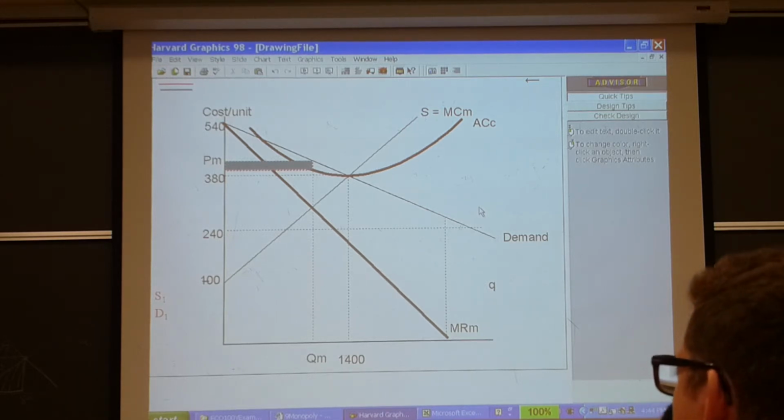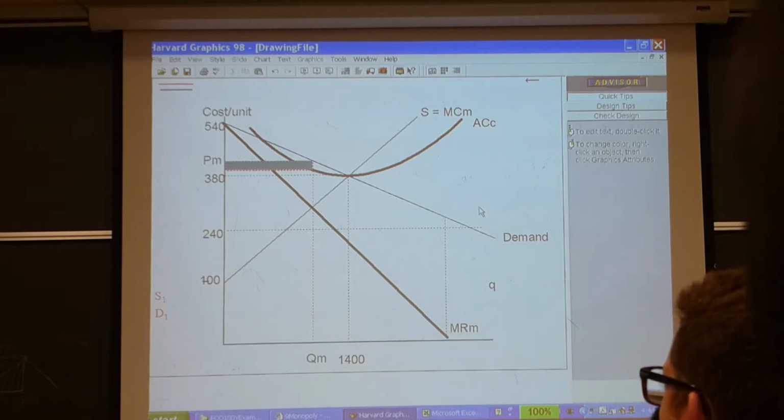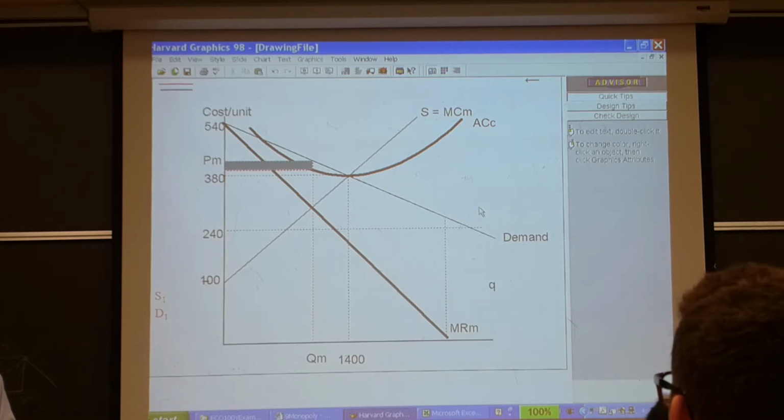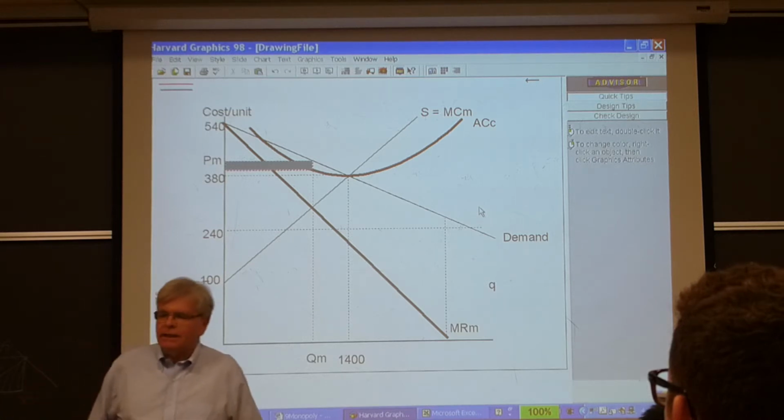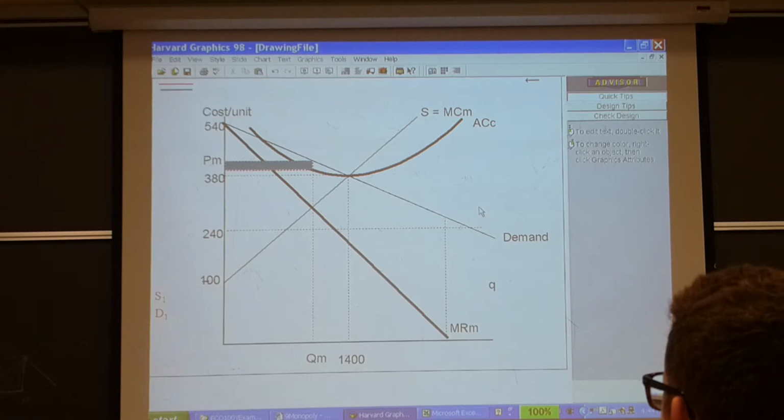I just want to put the seeds into your mind here. Would a monopolist ever operate on the right-hand half of a demand function? Would a monopolist ever operate at equilibrium in the inelastic portion of a demand function? The answer is no, never.